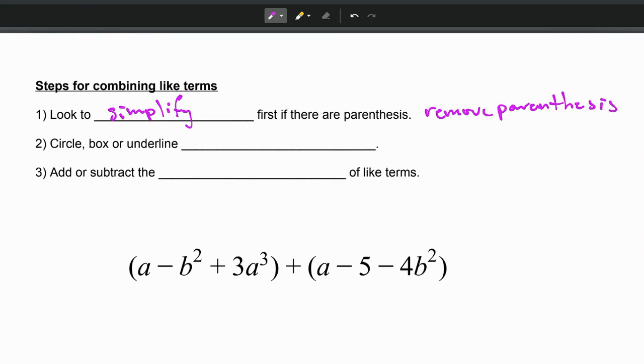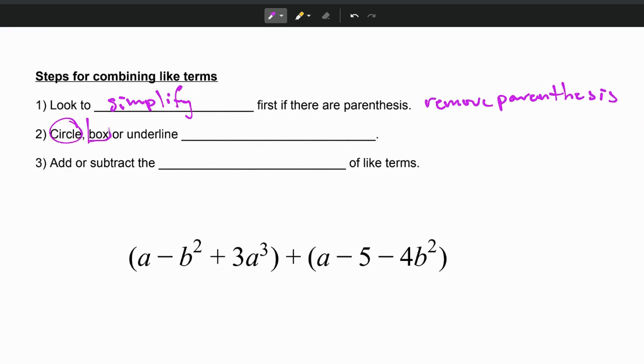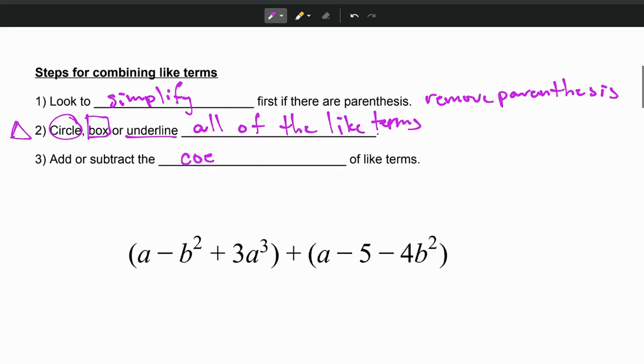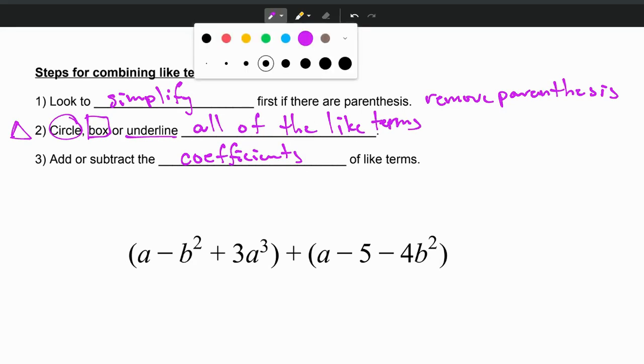Then we're going to circle, box, underline, or even triangle if you need to, all of the like terms. And then finally, we're going to add or subtract the coefficients of the like terms. So you can see an example here.